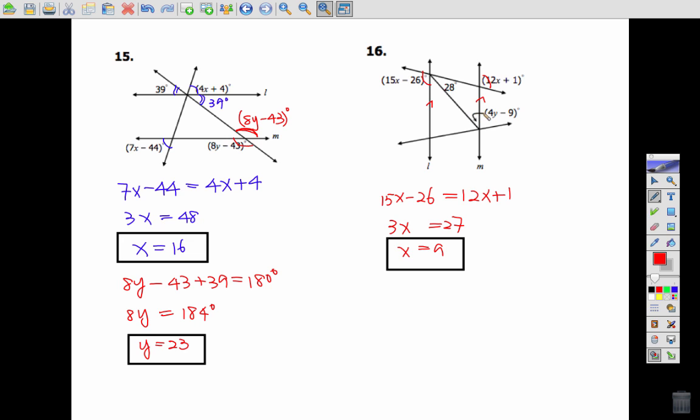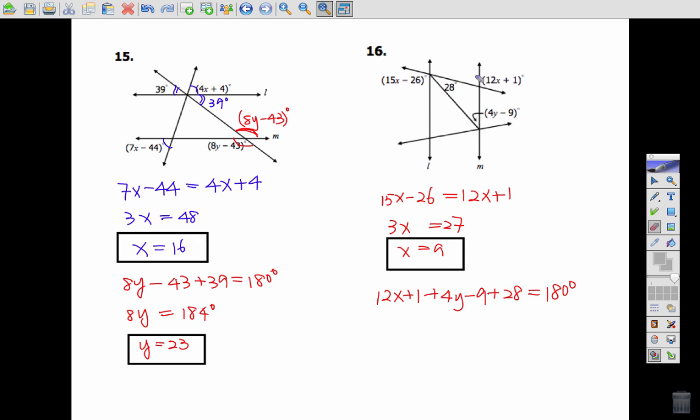Okay, I see. So if I have this is y, probably if I use this triangle inside, I know one angle that's 28. I don't know this angle, but because I found x, I can find out this angle, and this is the vertical angle. So why don't we do that? So 12x plus 1, which becomes this angle as well, plus 4y minus 9 plus 28 should equal 180 degrees.